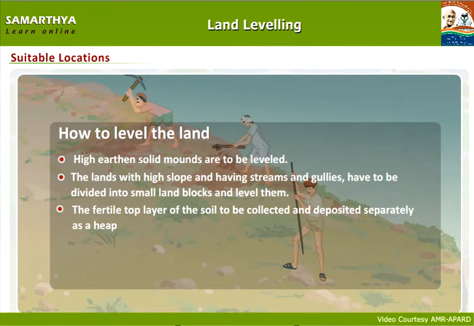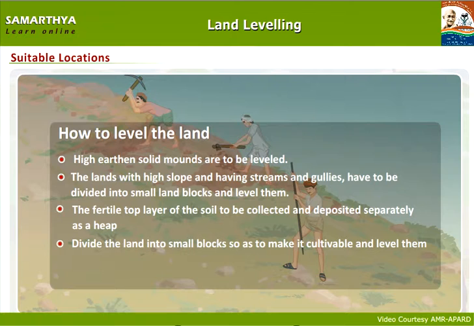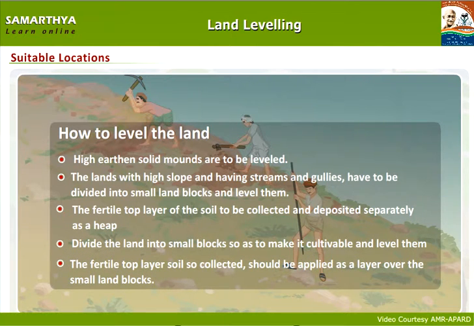The fertile top layer of the soil is to be collected and deposited separately as a heap. Divide the land into small blocks so as to make it cultivable and level them. The fertile top layer soil so collected should be applied as a layer over the small land blocks.